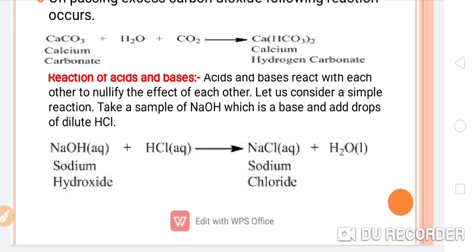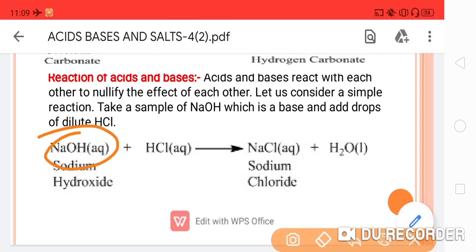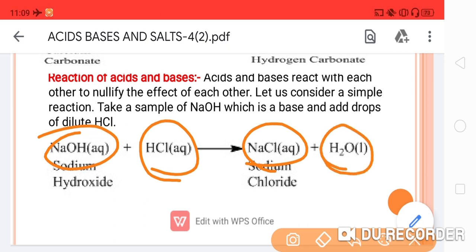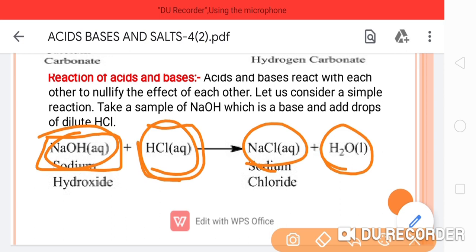When sodium hydroxide reacts with HCl, it converts into sodium chloride and water. So this is the neutralization reaction. Why? Because this is a strong base, and when a strong base reacts with a strong acid, you get a neutral salt, that is sodium chloride, and water forms as a byproduct.